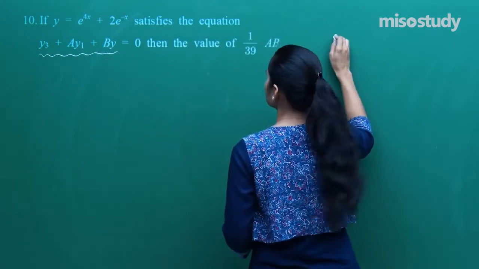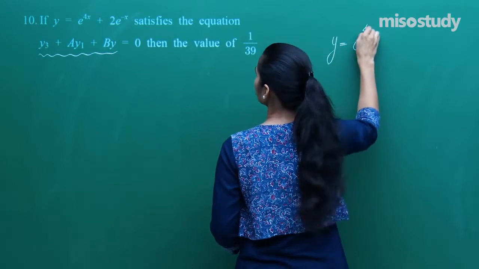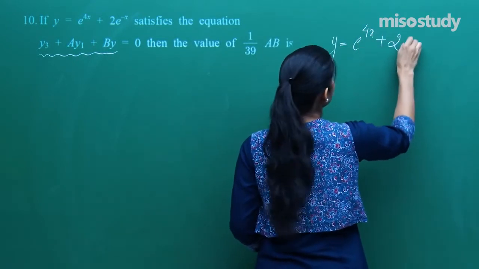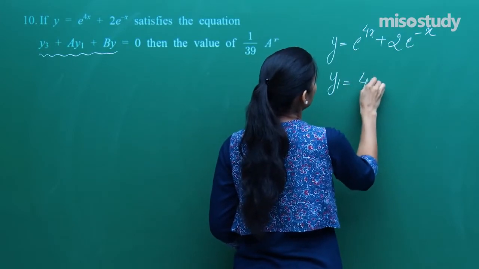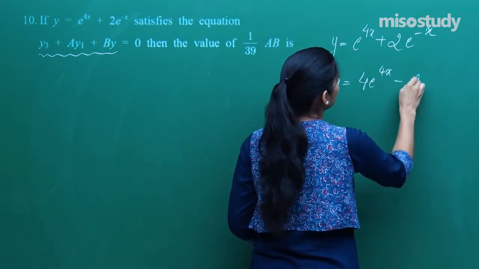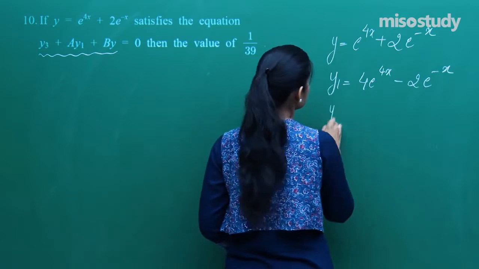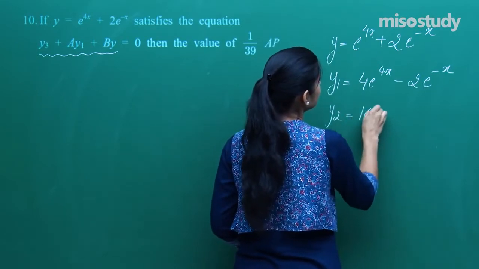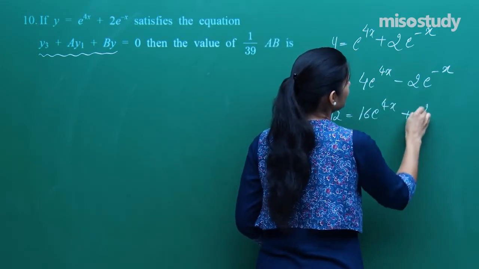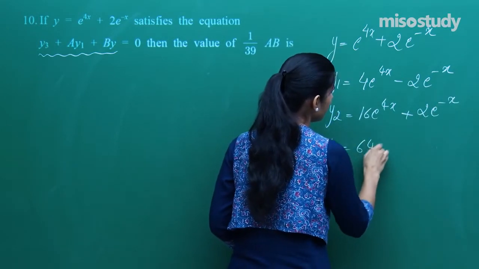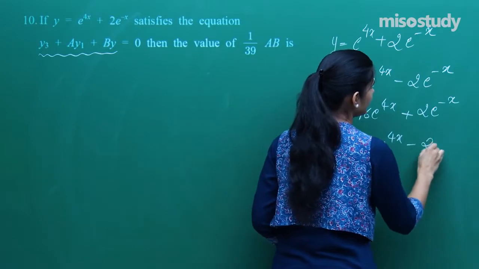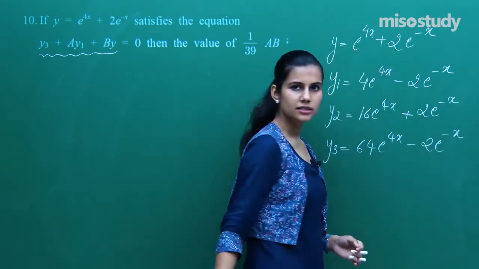So let's compute that. y is e to the power 4x plus 2 times e to the power minus x. y1 is 4 times e to the power 4x minus 2 e to the power minus x. y2 is 16 e to the power 4x plus 2 e to the power minus x. y3 is 64 e to the power 4x minus 2 e to the power minus x.